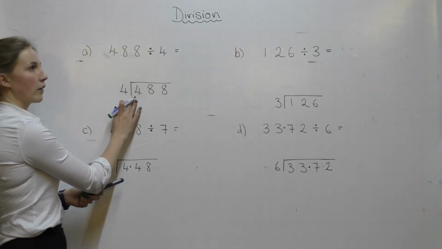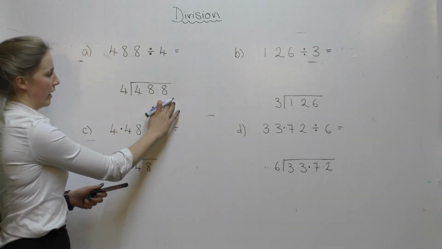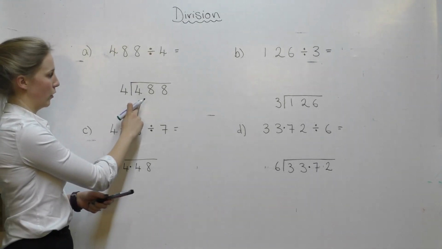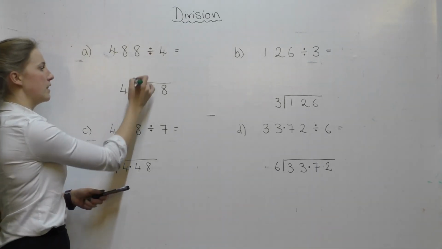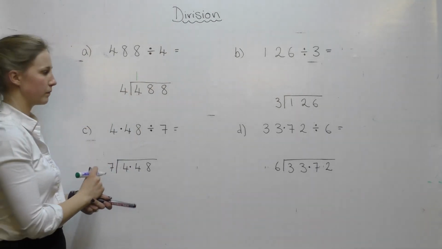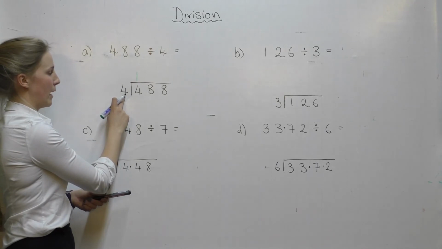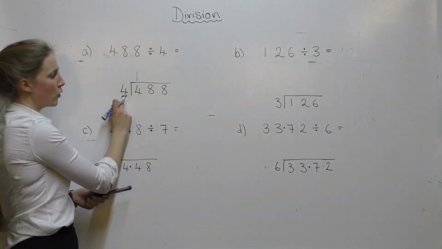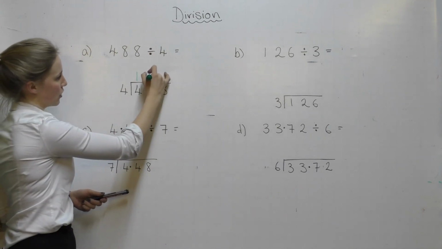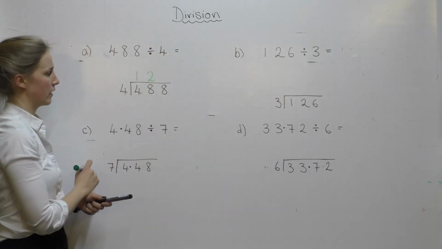This time we're going to work from left to right. So I'm thinking, how many 4s fit into 4? I can say that there's only one lot of 4 in 4. The next question I'm asking myself is, how many 4s are there in 8? Well, there are 2 lots of 4 in 8.